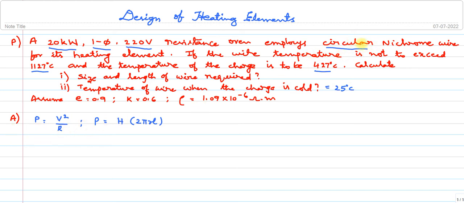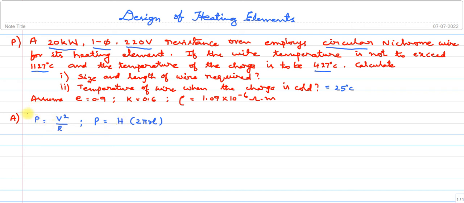This is the wire, a circular nichrome wire, so the surface area will be like this, 2 pi r into length. Finally, we need to go ahead with these two equations only. Now we can equate these two equations. That's what our job is.